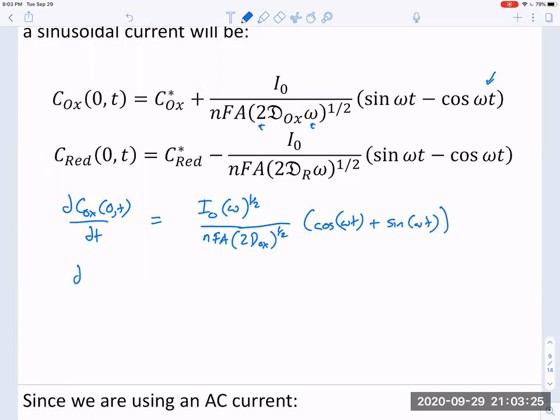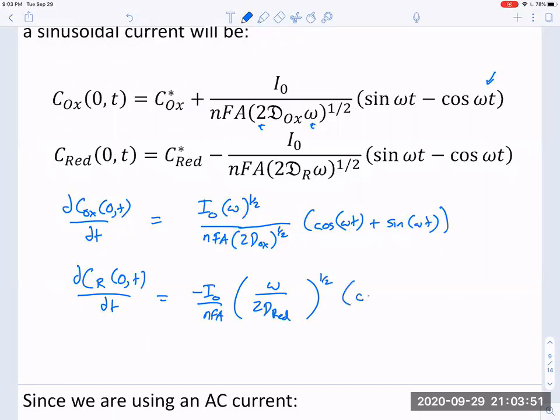We have a similar one. The change in the reduced species, I'm just going to call it R to save a little writing, at 0,t with respect to time is going to be negative I0 divided by NFA, and then let's pull out some of these things. So omega, the frequency, divided by 2 times the reduced species diffusion coefficient to the 1/2, and this one will also be cosine omega t plus sine omega t.